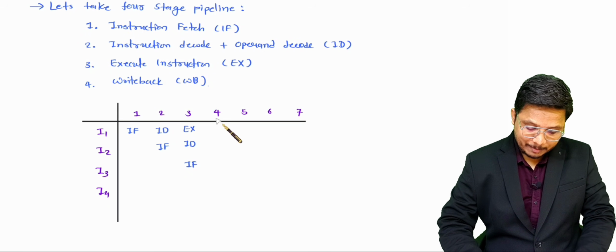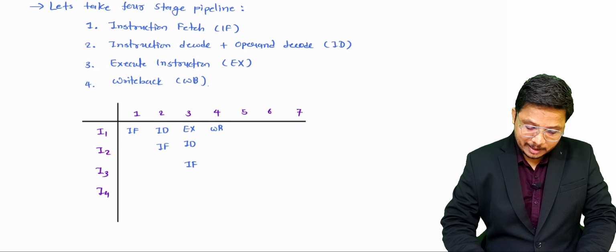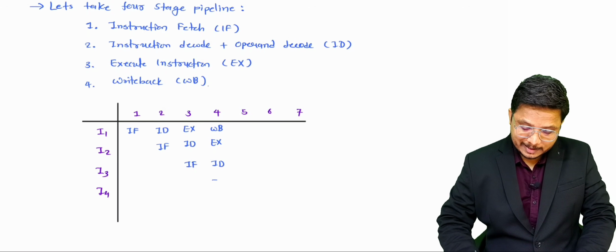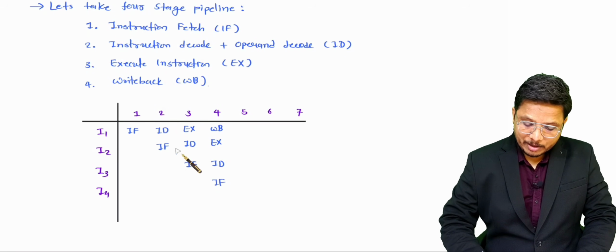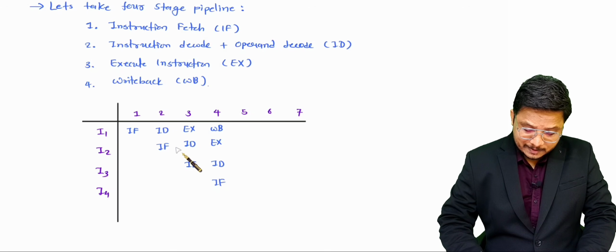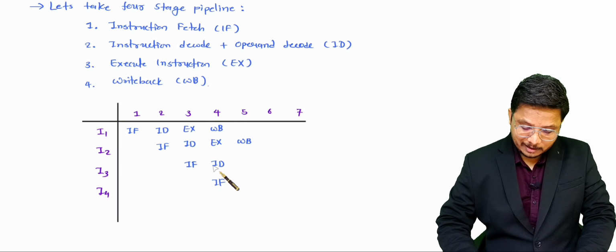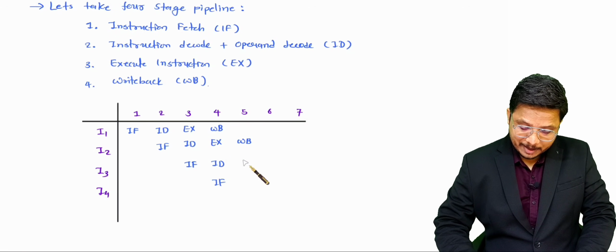In the fourth cycle, I1 will have the write back stage, I2 will have the execute instruction stage, I3 will have the instruction decode stage, and in parallel, I4 gets fetched. Then the second instruction will have the write back stage in the fifth cycle, I3 will have the execute instruction stage, and I4 will have the instruction decode stage.